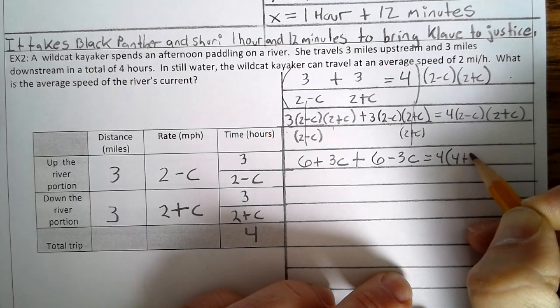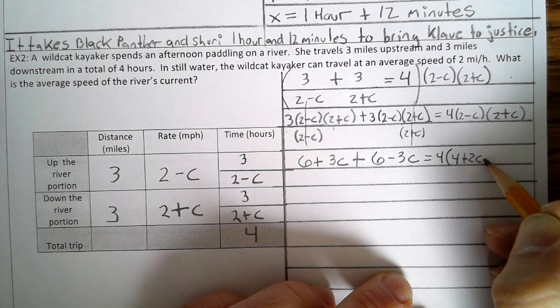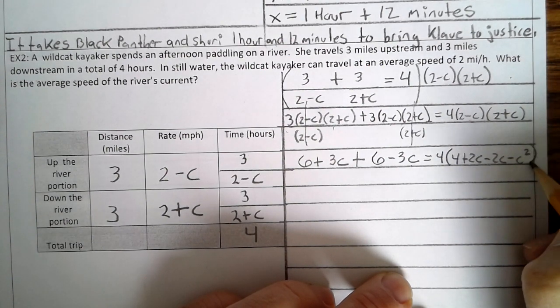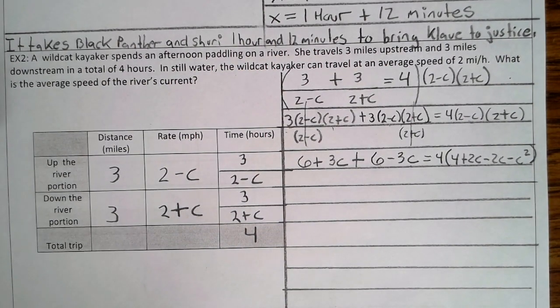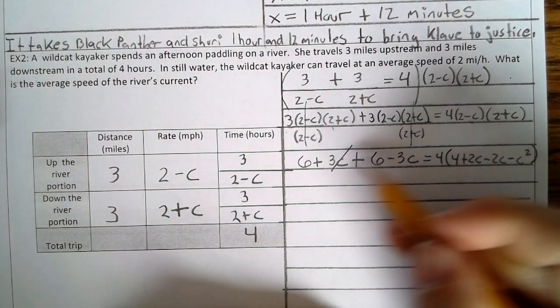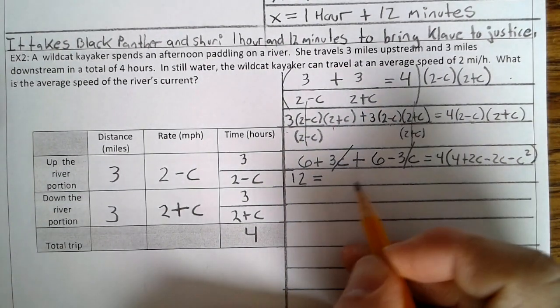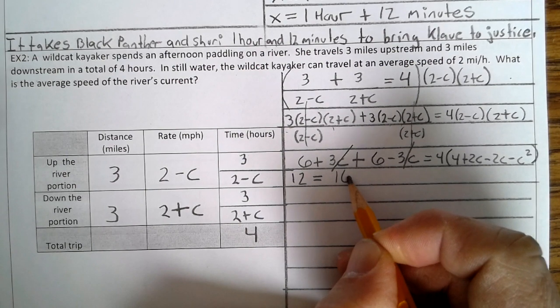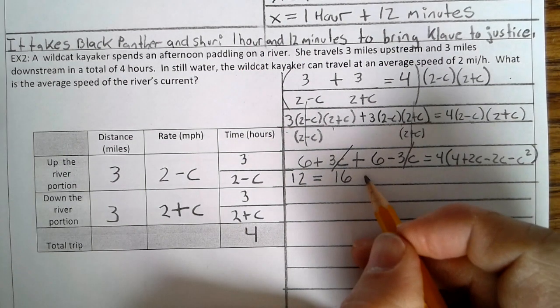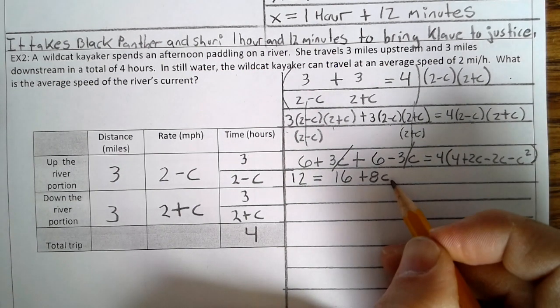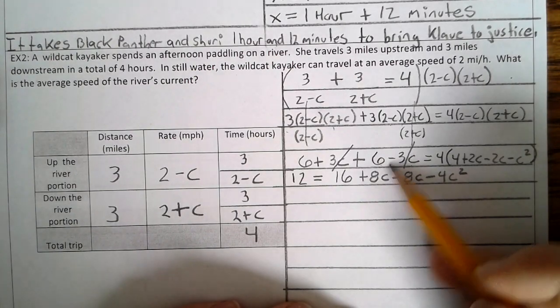And negative c times c is negative c squared. Okay, well here you see the c's cancel. You're left with 12 equals, now we distribute the 4. So 4 times 4 is 16. 4 times 2c is 8c. 4 times negative 2c is negative 8c. 4 times negative c squared is negative 4c squared. You see here the c's cancel.